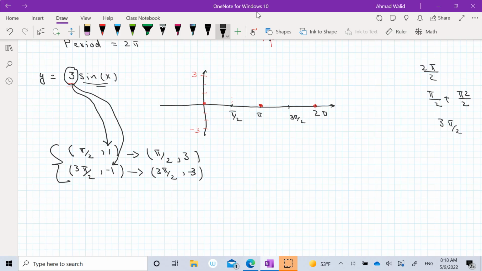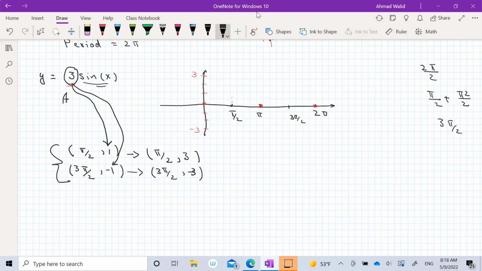These were the actual key points. Remember I told you, 2 key points means the peaks. In a standard sine, it's always pi over 2 and 1, 3 pi over 2 and -1. But when your amplitude is changing, you just multiply your amplitude, which was your A, correct, to your output.